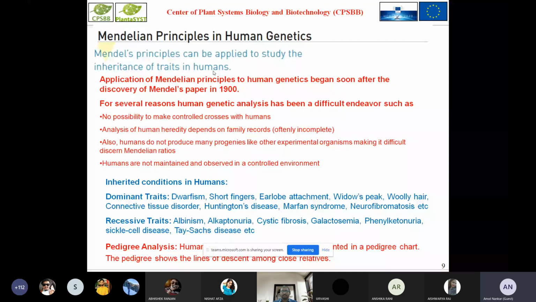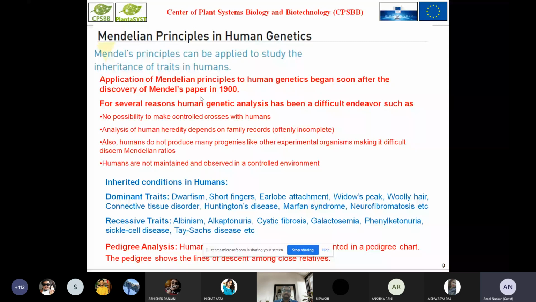So what we are going to do is see one trait inherited by a dominant allele, and one trait inherited by a recessive allele. These are some of the examples which allow us to see the different genes causing different dominant traits.